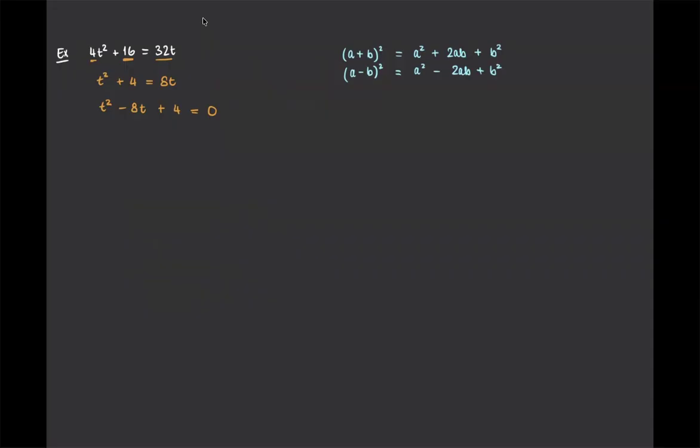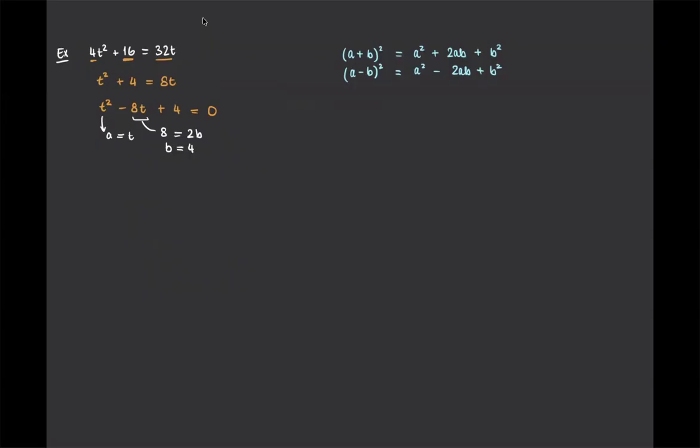And so again, my a squared matches up with t squared, which means that my a equals t. My 8t should then correspond to 2ab, but I already know that a is t. So that means 8 corresponds to 2b, and so b must be 4.